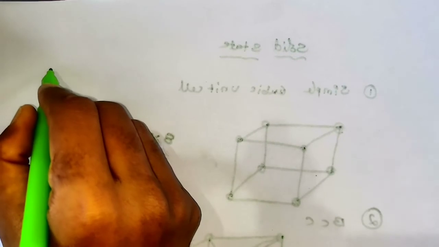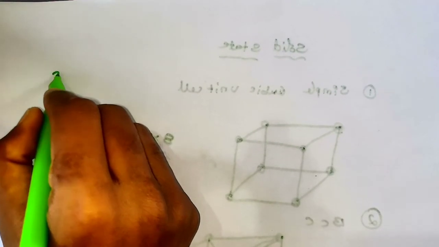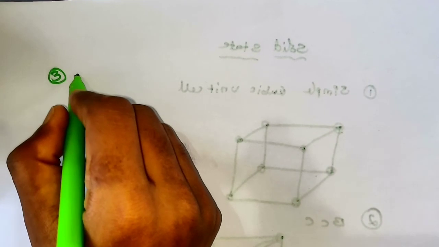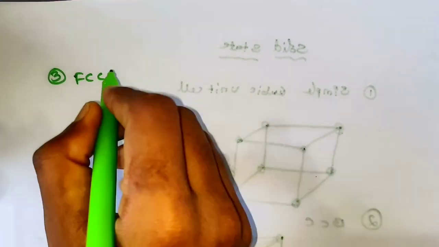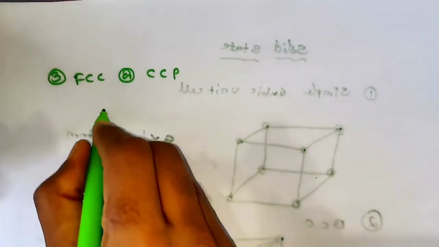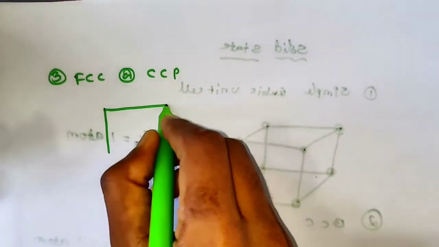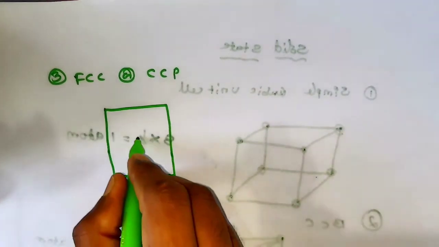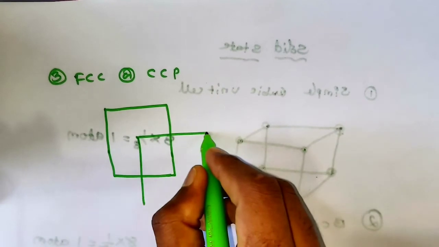Next one is the face centered cubic unit cell or cubic close packed unit cell. It is also called FCC or CCP. In this, we already learned 8 corners containing 8 atoms, each a 1/8 portion of the atom.